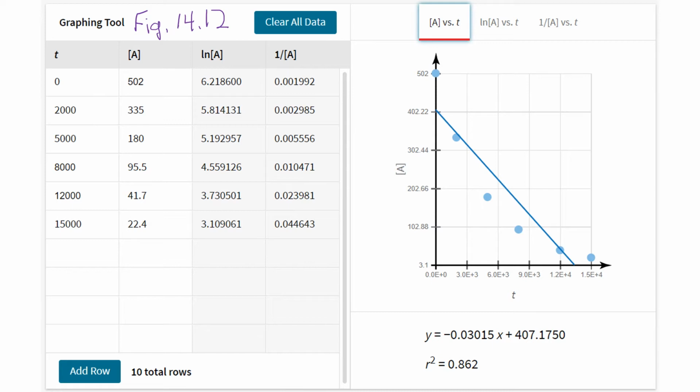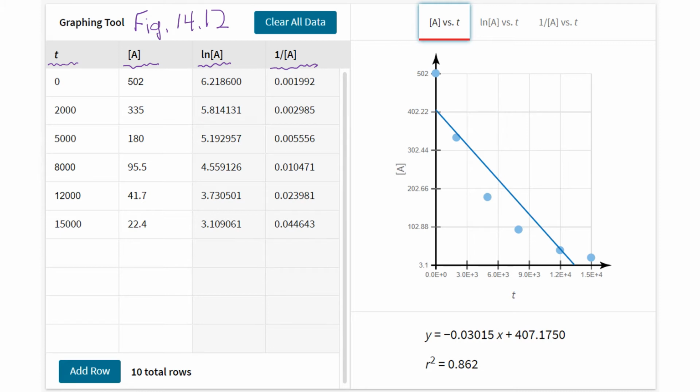And what I did was from the data table on the previous page, I typed in time and I typed in concentration. The computer then calculated for me the natural log of the concentration and the reciprocal of the concentration.